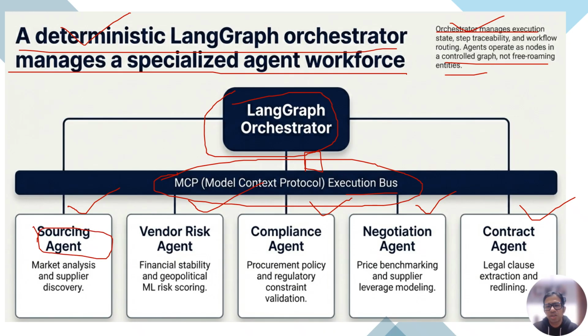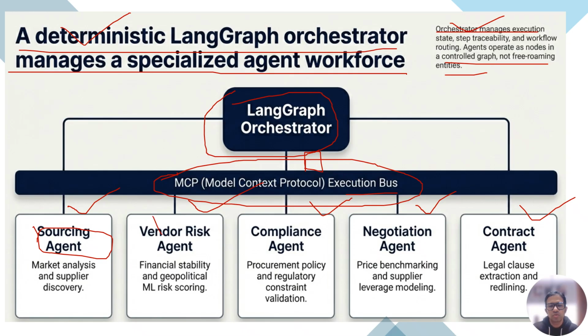The sourcing agent handles market analysis and supply delivery. This means approved suppliers, alternates, lead times, capacity, substitution options. It answers who can supply this fast and reliably.